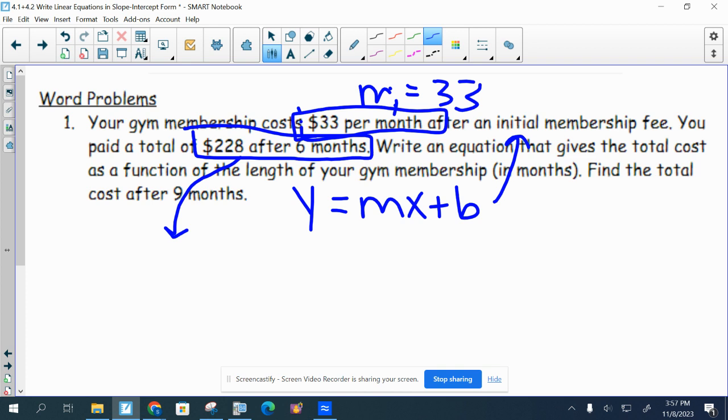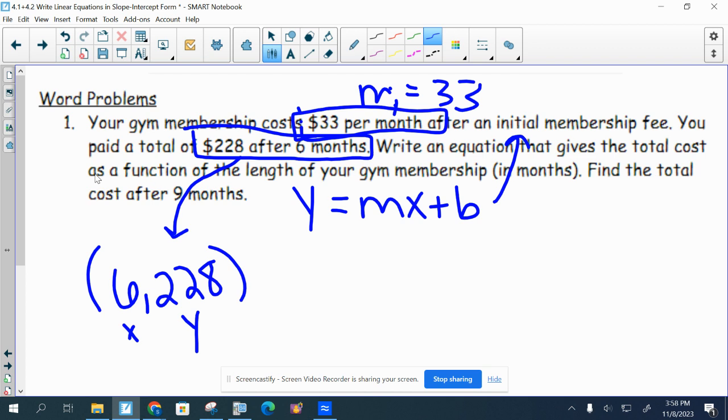So if x is number of months, then that would be 6, and y is the gym membership cost, so that'd be $228. So if we know a point in time in x comma y, we know what the slope is, then we can plug in our information and define b, which is the initial membership fee.